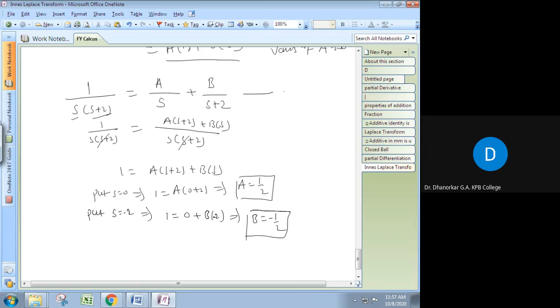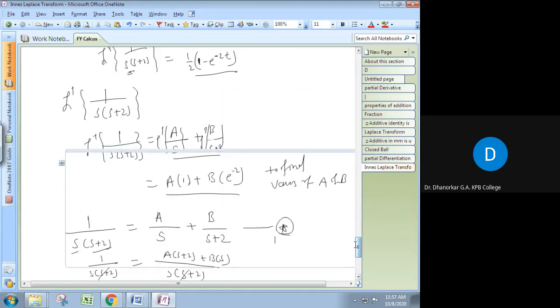Suppose I write this equation as the star equation. I am putting these values in the star equation, where we have calculated the inverse transform in terms of A and B. We can put the values of A and B here: A is 1 by 2, and B is minus 1 by 2.